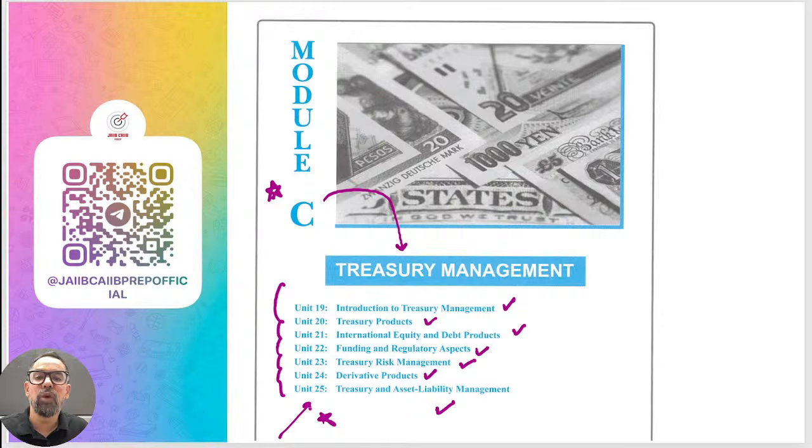Whatever you have done with those two modules is definitely going to help you with the remaining two modules. Marks-wise, all four modules are equally important. So if you work specifically around these modules and practice a lot, that is definitely going to help us in our examination.